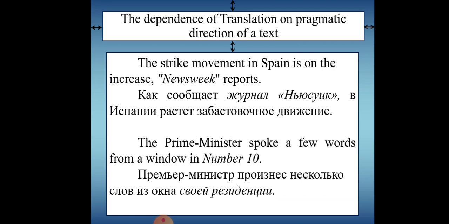Or the Prime Minister spoke a few words from a window in number 10. Translation: Премьер-министр произнес несколько слов из окна своей резиденции. Here, number 10 is replaced by the word резиденция, because Downing Street number 10 may not be clear for some target receptors.